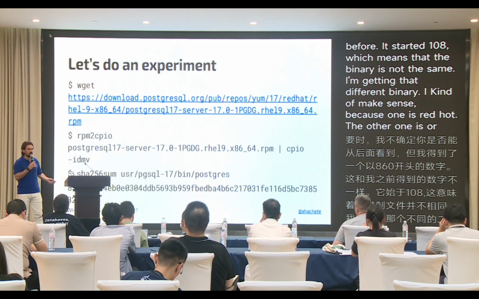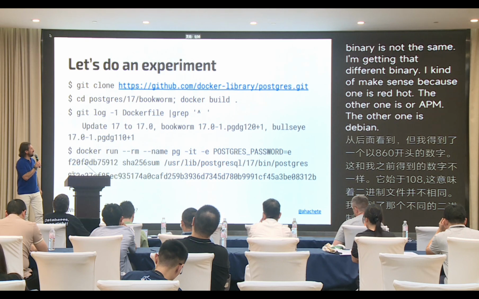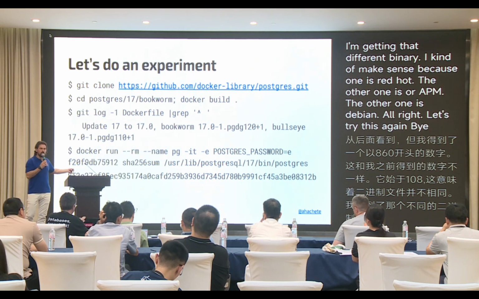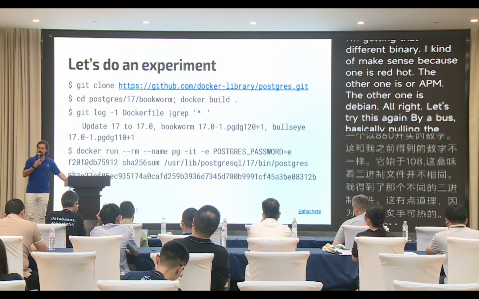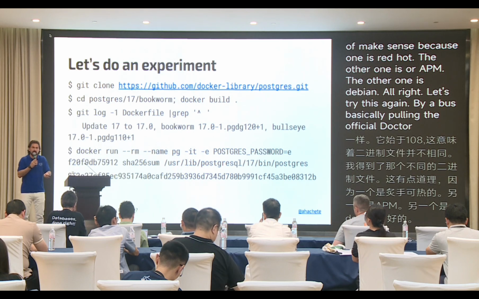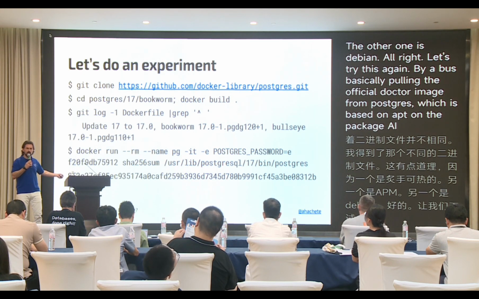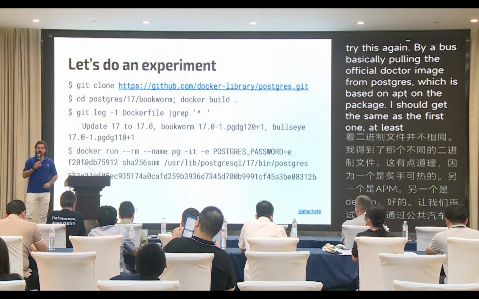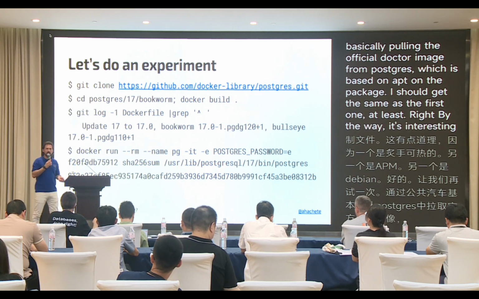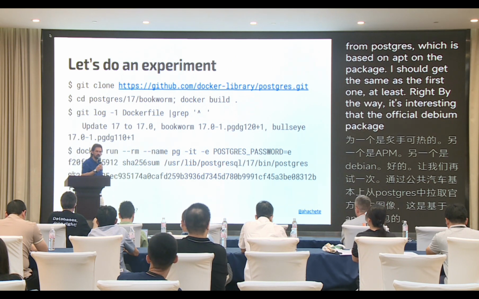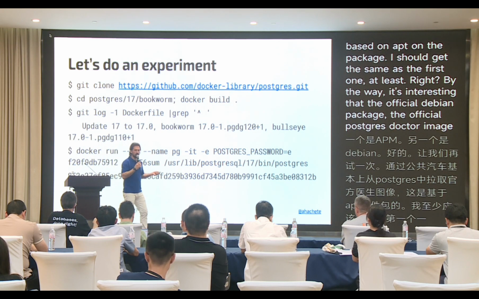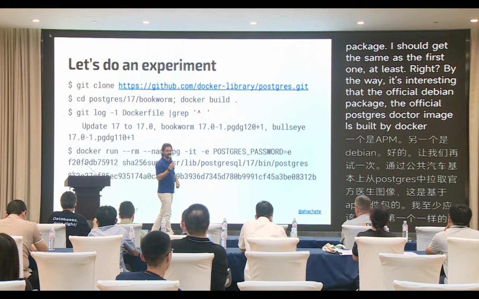All right, let's try this again by pulling the official Docker image from Postgres, which is based on apt, on that package. I should get the same as the first one at least, right? By the way, it's interesting that the official Postgres Docker image is built by Docker, not by the Postgres project.